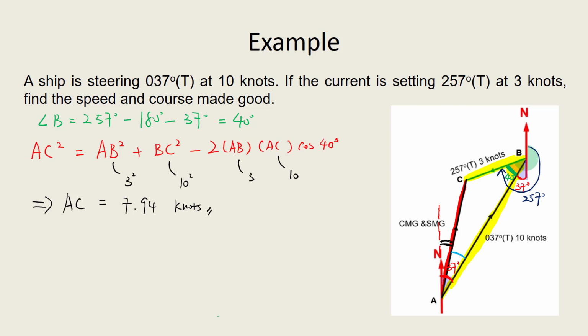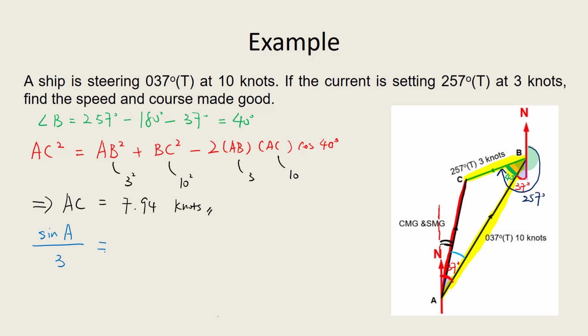So now our aim is clear. To find angle A, I think the most direct way is to use the sine rule. So we have sine of A divided by the side opposite to A, that is BC, which is 3.